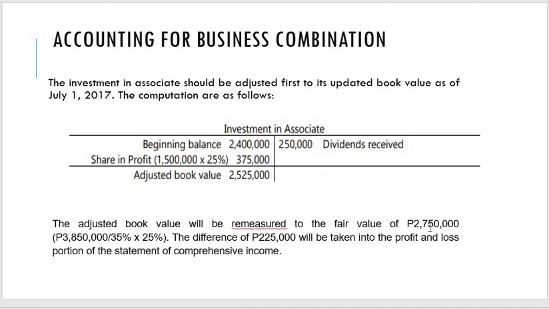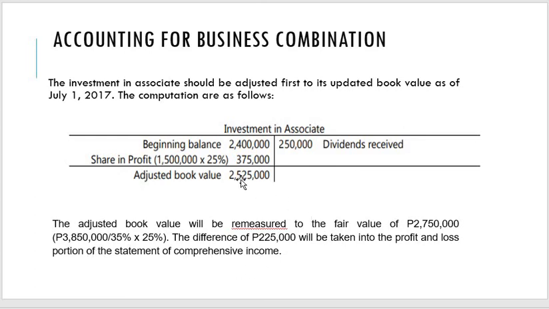So we have 2,750 na fair value, no, of the previously held equity interest less book value na 2,525,000. The difference of 225,000 will be taken into the profit or loss and a portion of a statement of comprehensive income.